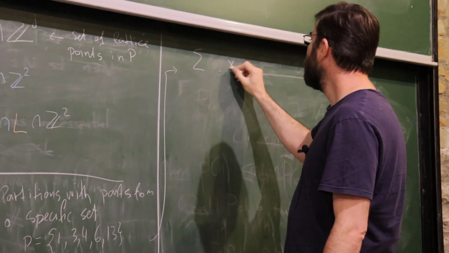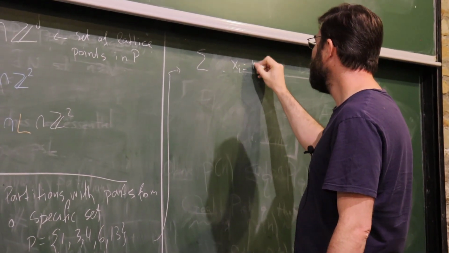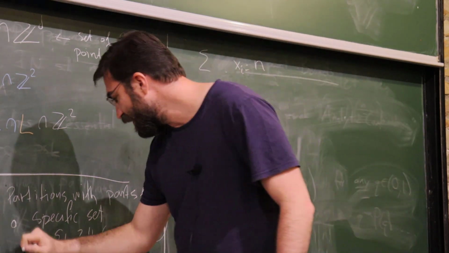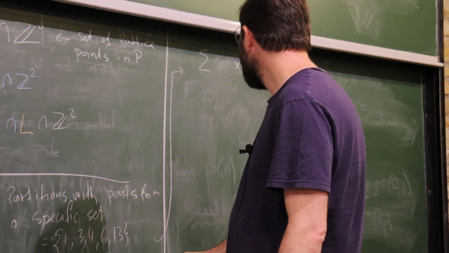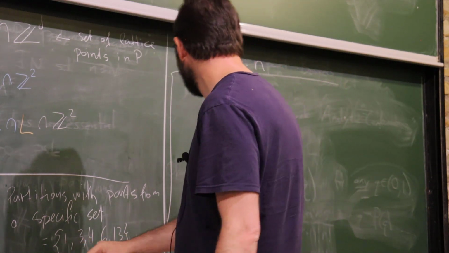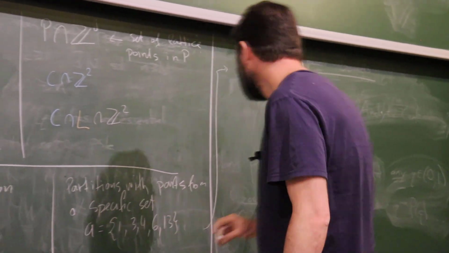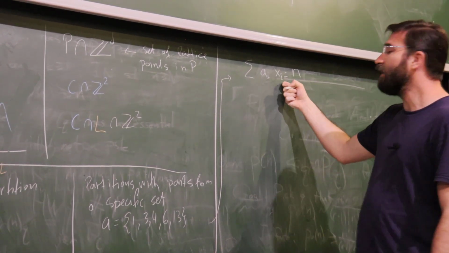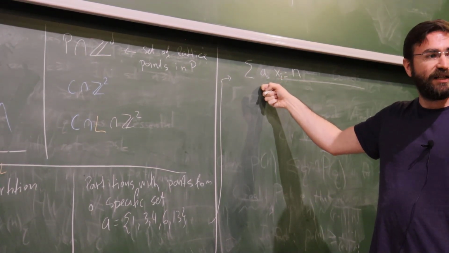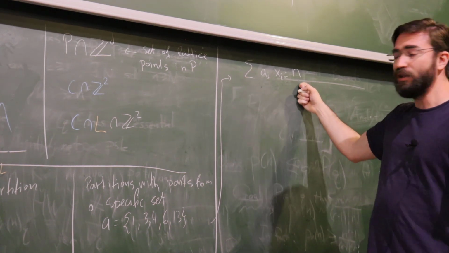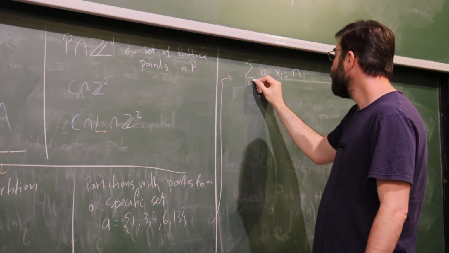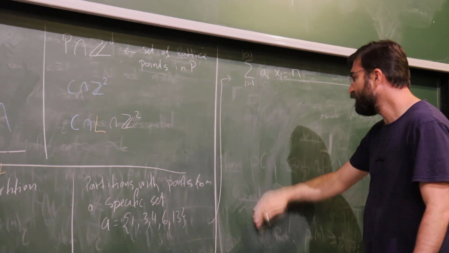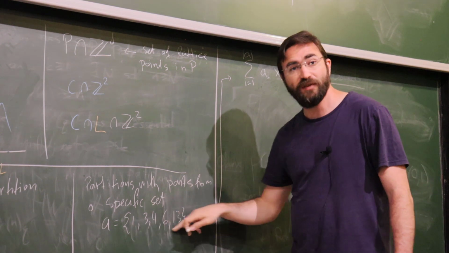Okay. So I want the sum to be n. I want partitions of n. How shall I call this? Not P, I assume, but let me call it A, right? I'm saying I will take xi times part ai, and this has to sum up to n, right? So that's a partition of n with parts from this set.